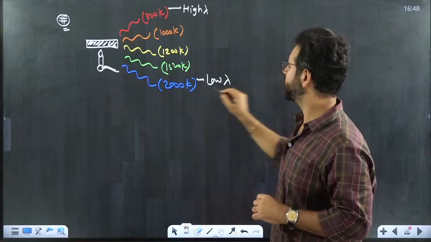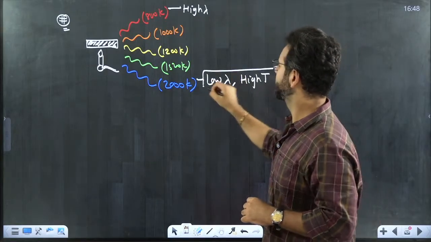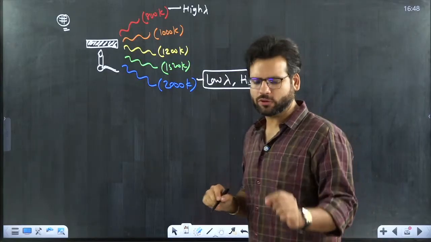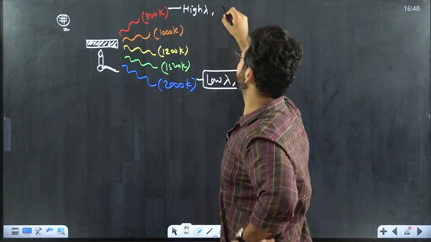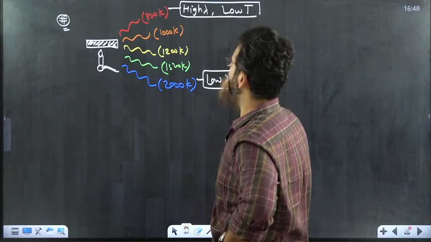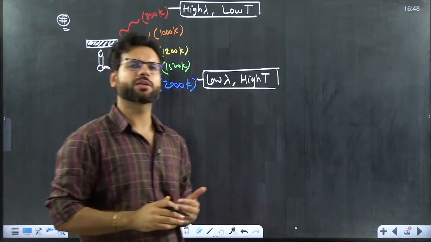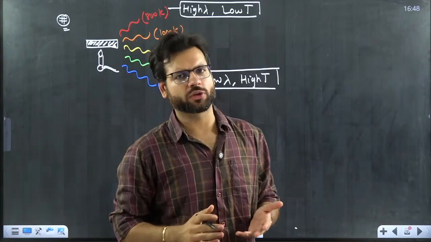So when temperature is high, low lambda photons were coming, but when the temperature was low, high lambda photons were coming out from the black body, which cannot be explained by the continuous nature as Maxwell used to think.